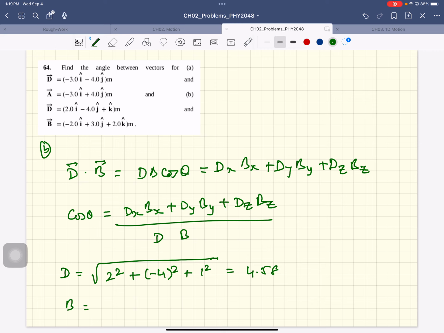And the magnitude of B is, and again, by the way, these are in meters, so I've been neglecting to write the units, but okay, 4, 8 plus 9, 17.